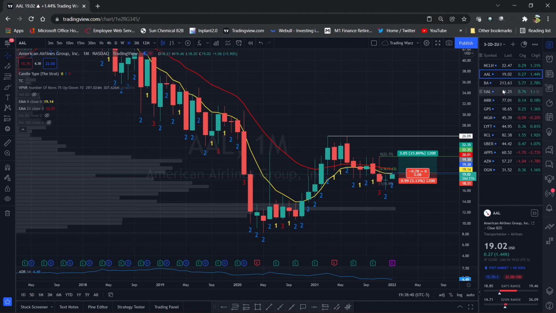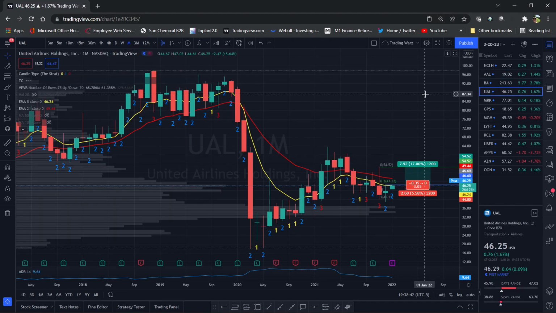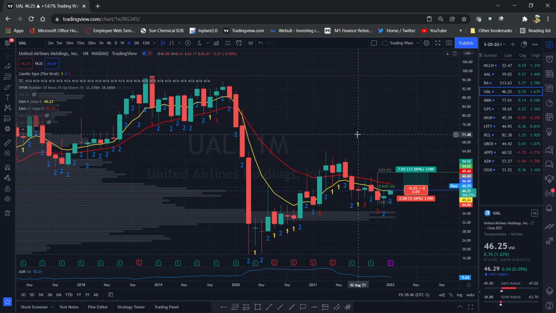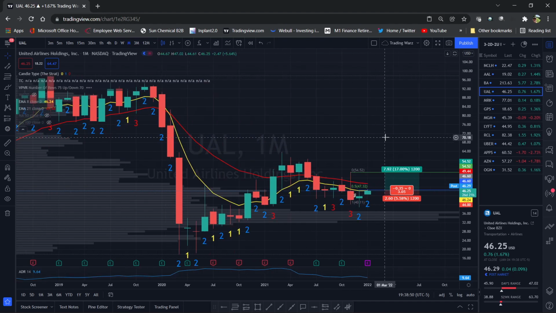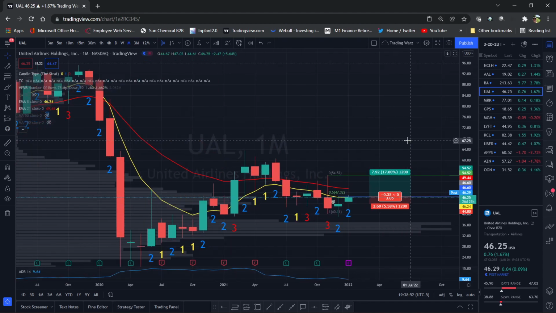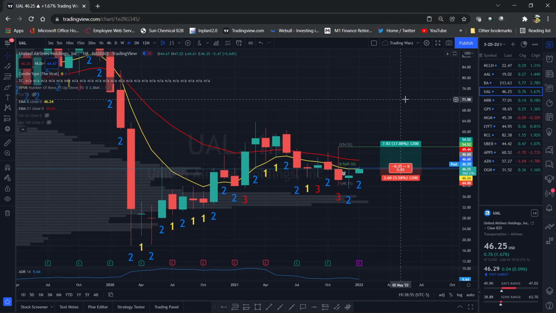All right, moving on. United, I can't remember if I posted this one or not. I'd have to look and see. But again, same type of setup where it did hit my target, but I did not take a position in this one.